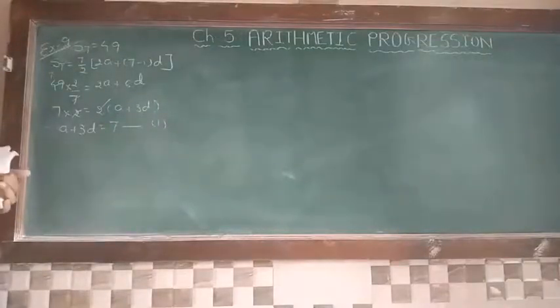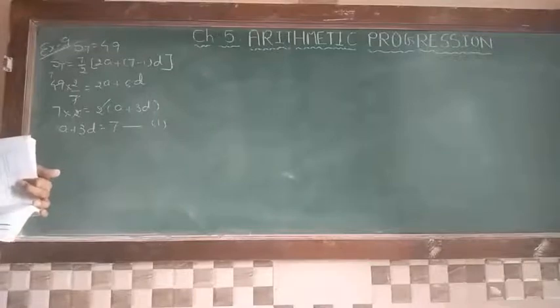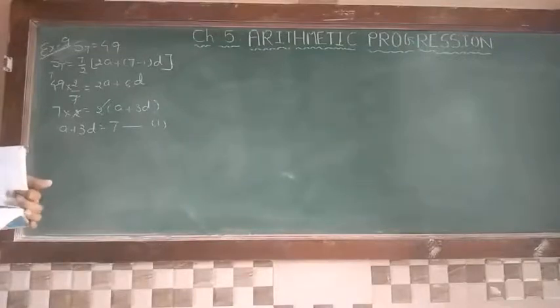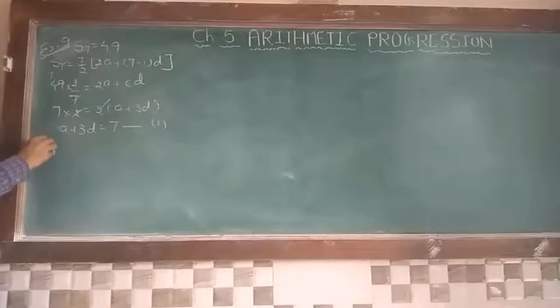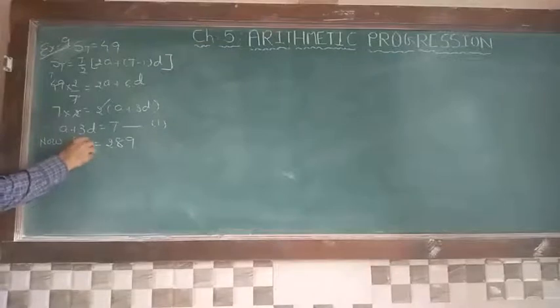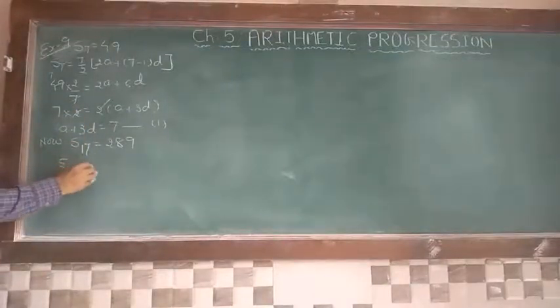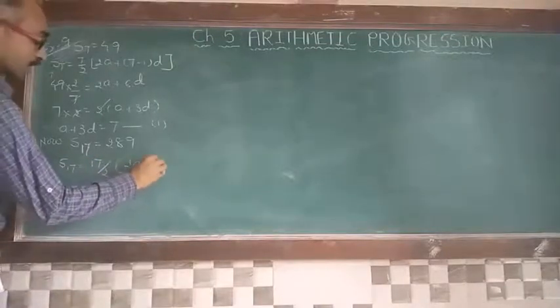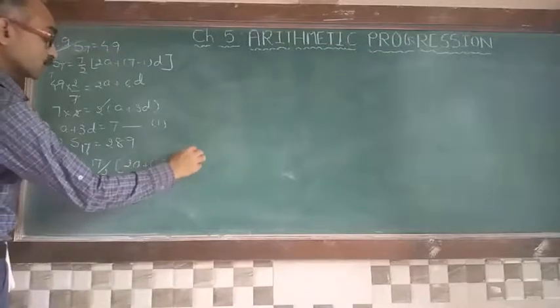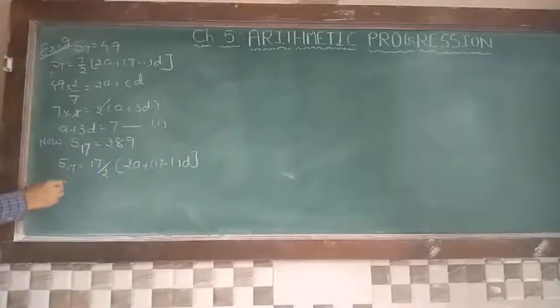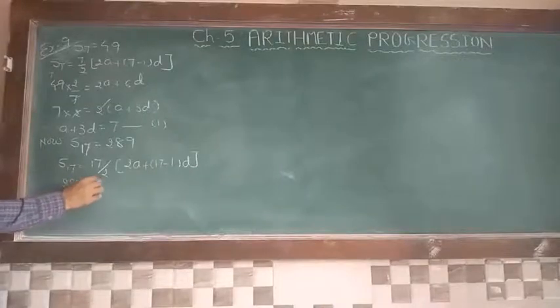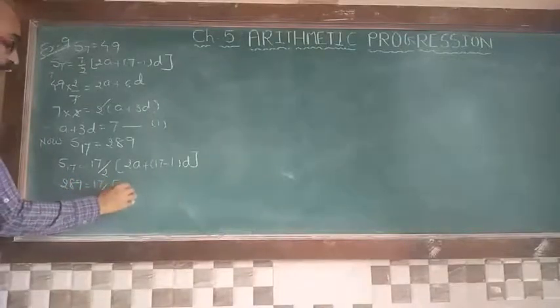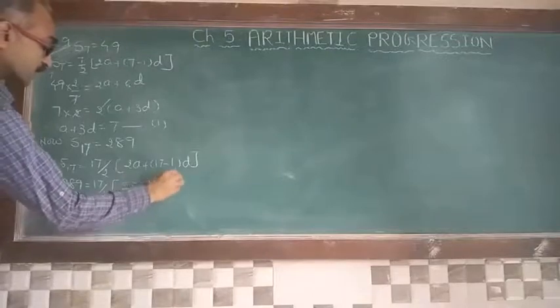Now you are given that the sum of the 17 terms is 289. That means S17 is equal to 289. Again, S17 is equal to 17 upon 2 into twice A plus 17 minus 1 into D. So 289 is equal to 17 upon 2 into twice A plus 16D.